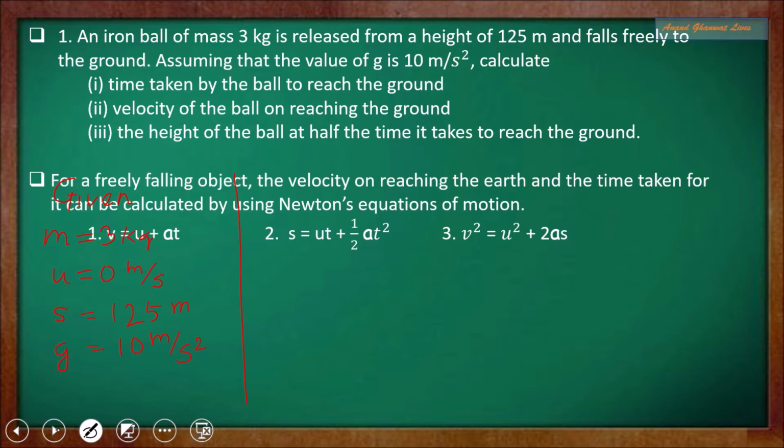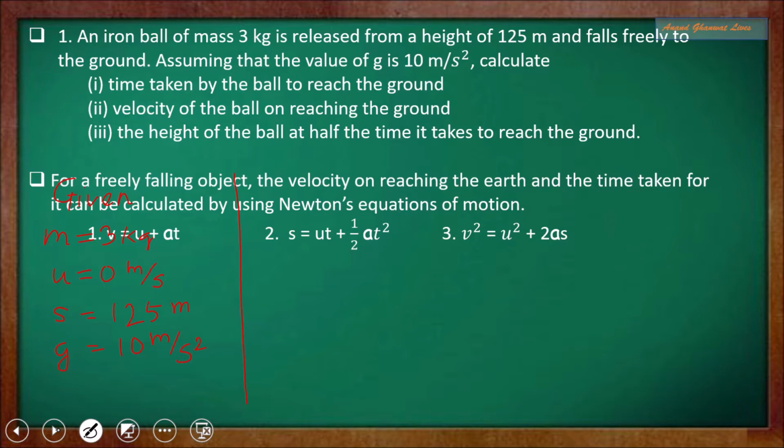Three equations of the motion. First is v is equal to u plus at. Second is s is equal to ut plus 1 half at square. And third one is v square is equal to u square plus twice as. Choose that equation in which there is only one unknown for us.